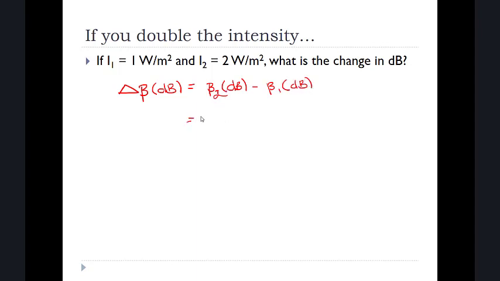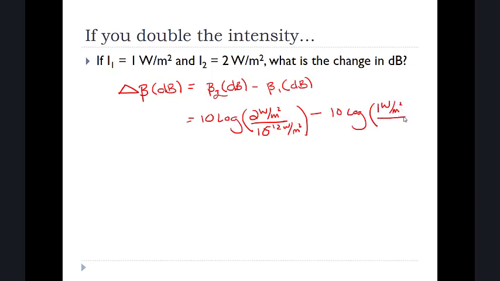Okay, so here we will have 10 times the logarithm of 2 watts per meter squared divided by 10 to the minus 12 watts per meter squared, minus 10 times the logarithm of 1 watt per meter squared divided by 10 to the minus 12 watts per meter squared.